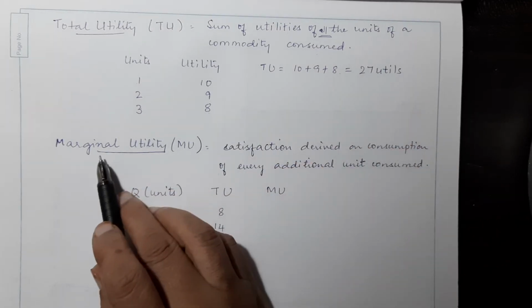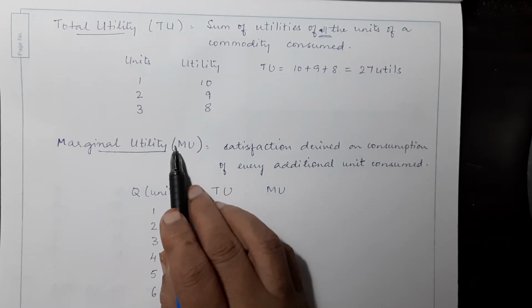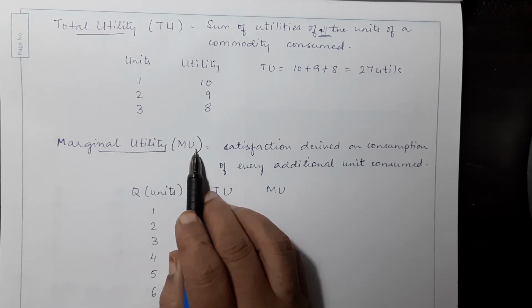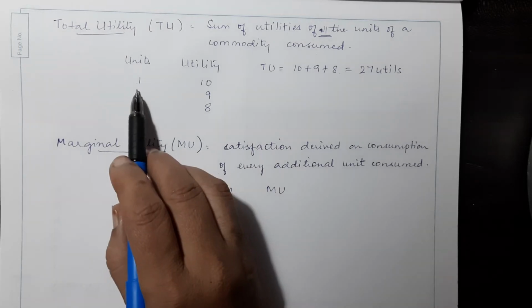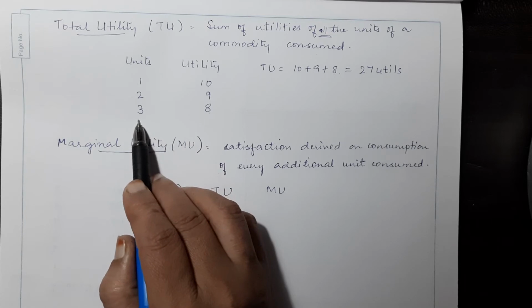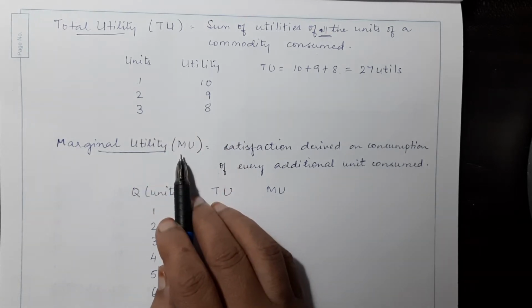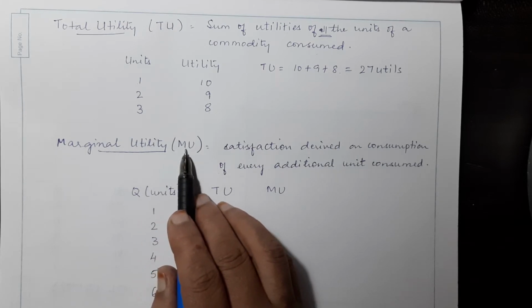Now, there is another measurement called marginal utility or MU. See, the consumer is not consuming 1 unit. He is consuming some number of units of a commodity and gaining some utility. So what is marginal utility?